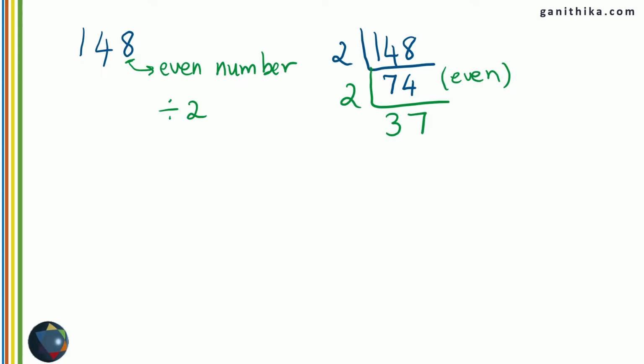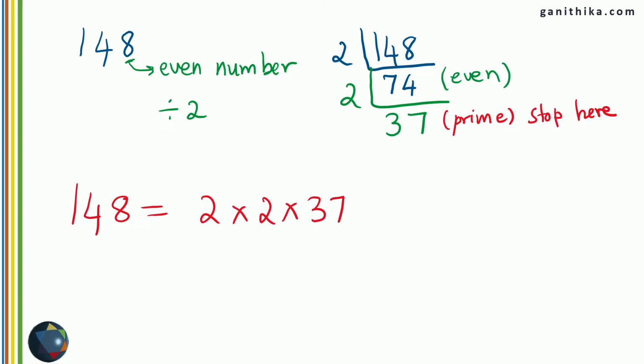Now, can you divide 37 by any number other than 37 and 1? No. Therefore, this is a prime number, and you stop the division here and write 148 as 2 times 2 times 37. Take all the divisors and write them as 2 times 2 times 37, which will give you 148. So we have expressed 148 as a product of prime numbers.